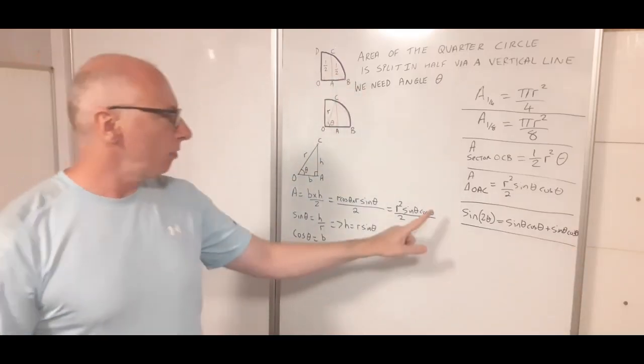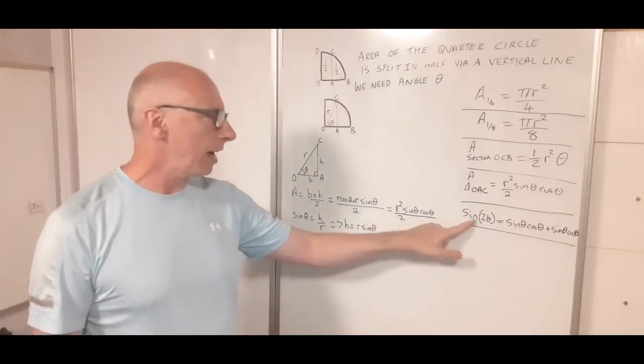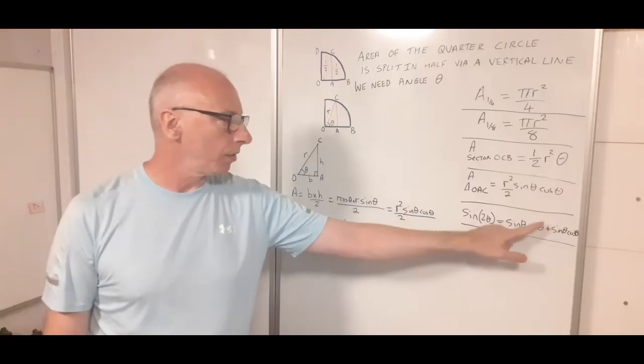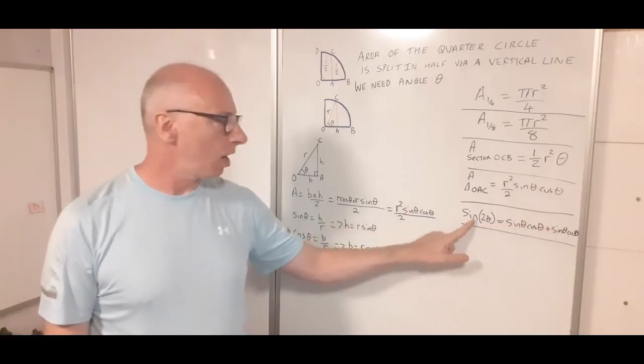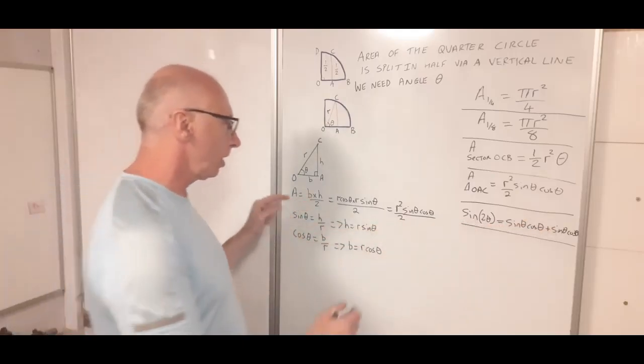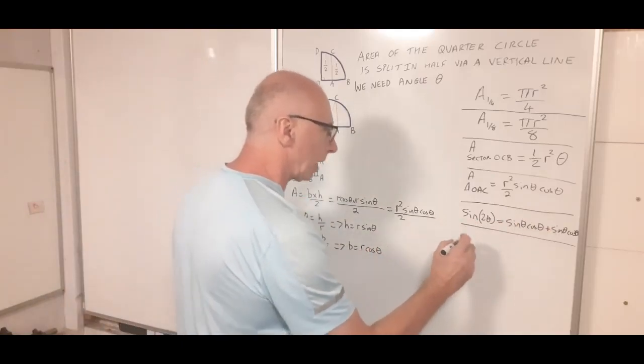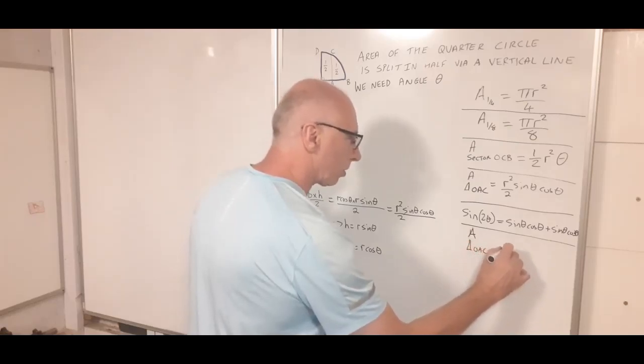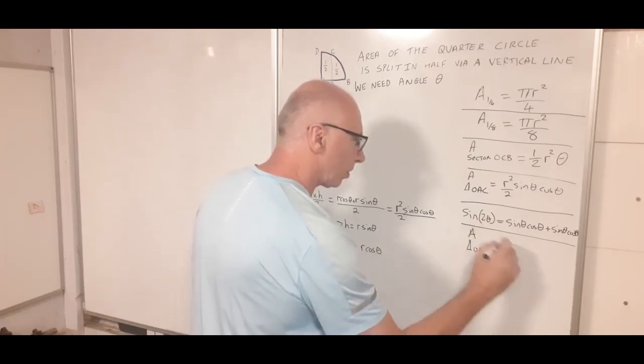Then I can replace that, but only half of it, because I've only got one of those here, and that's two of them, so I need half of sine 2 theta. So now I can simply replace that: area of triangle OAC equals r squared over 4 sine 2 theta.